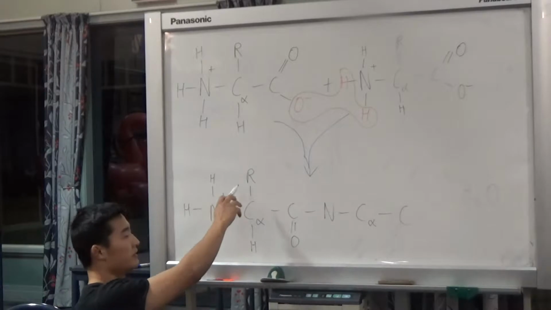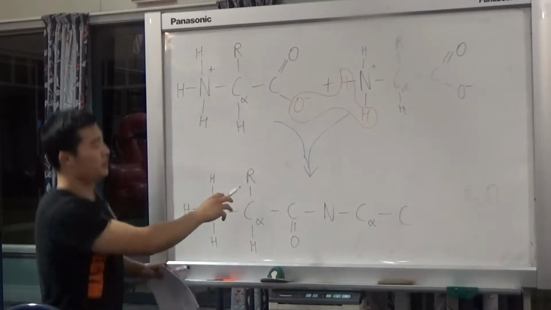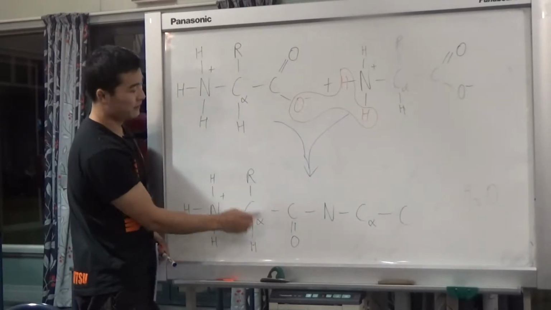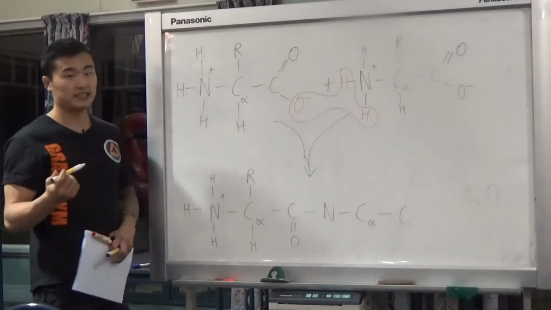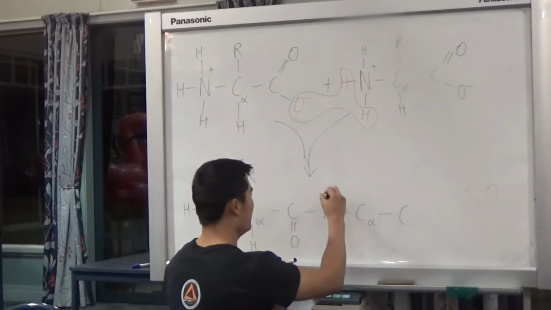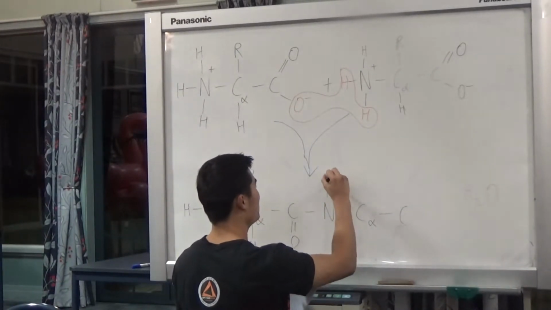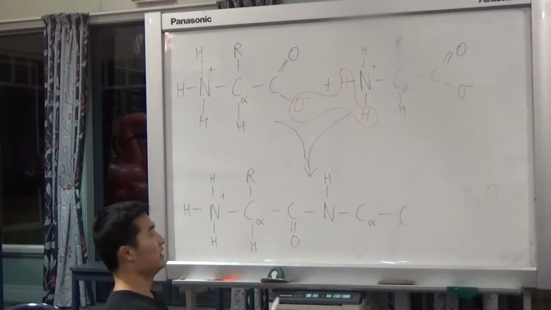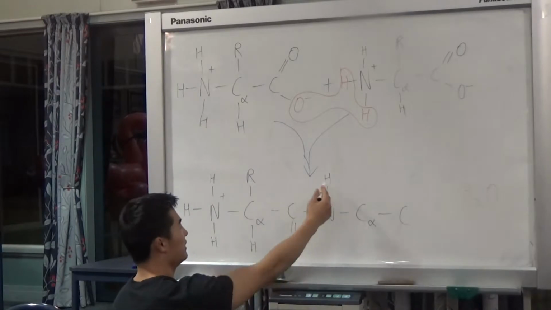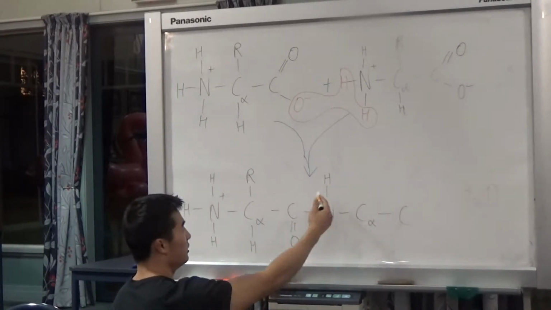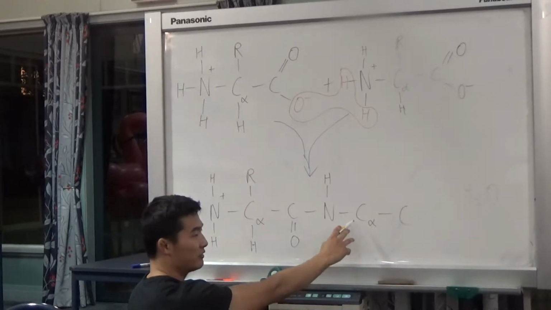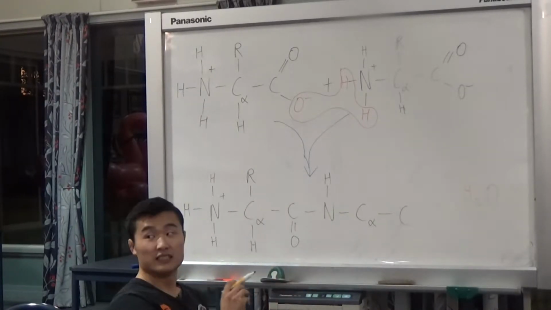Okay. So when you're drawing these in 2 dimensions, you want to always draw the O on the opposite side of the R. Okay. So that creates less steric hindrance. Okay. And then there's going to be an H bonded to the nitrogen, and it doesn't really matter where that H goes, but usually you just draw it on the opposite side of the double bonded O as well. And then so this one, where would the R group go here? Would it go up or down?